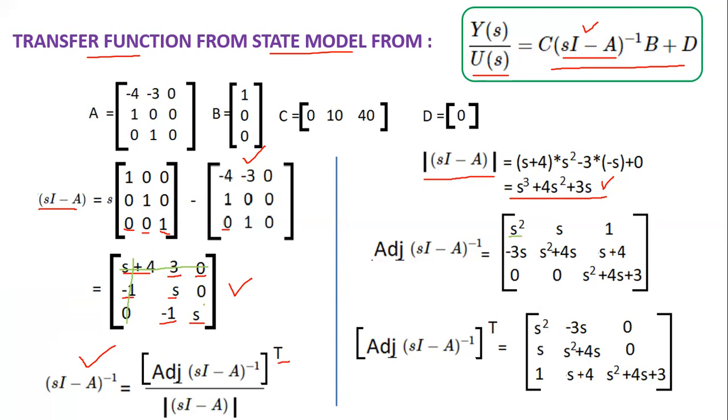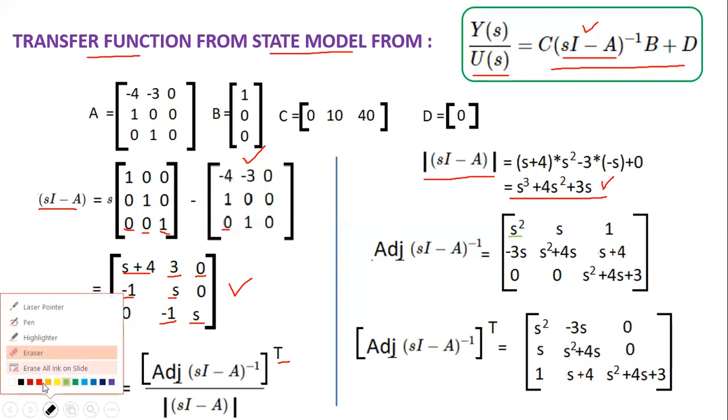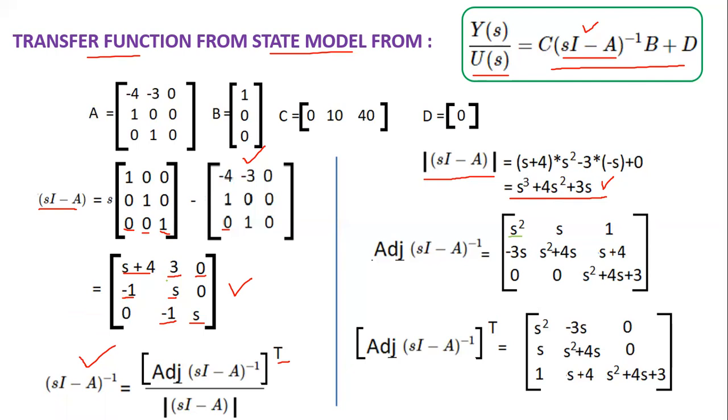And next, now we need to check the second term. How are we finding the second term? We are removing the first row and the second column. Now you multiply AD minus BC, that means minus 1 into s, 0, so minus s.